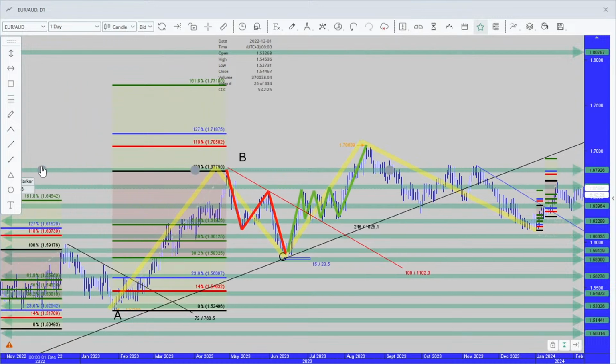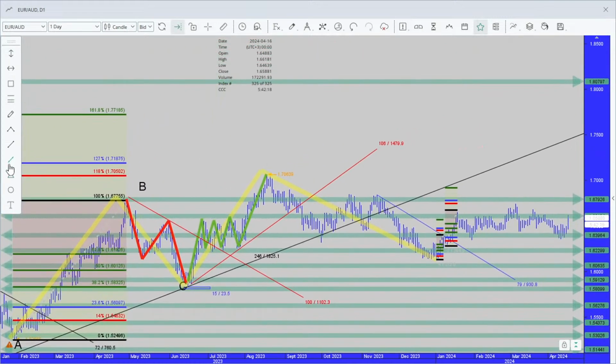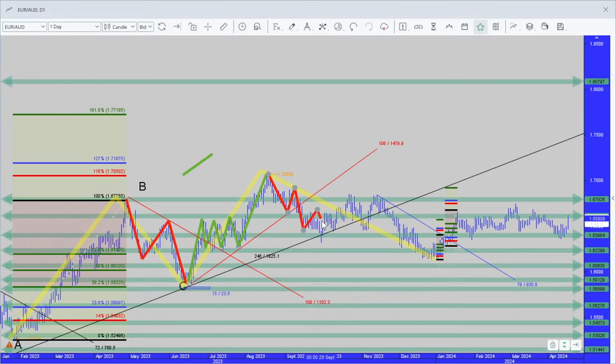But then what happened? If I'm using the tool that we've learned, the trend line, the market again went from an extension. Let me see if I click in here. If I click on the red, it's going to start with the red. So it changed the short-term direction and went into retracement again. Can you see?